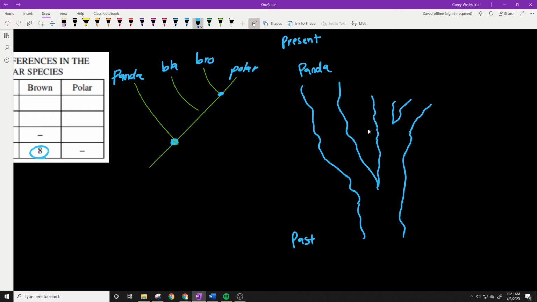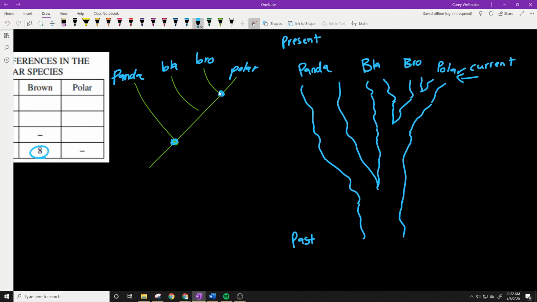And this fragmentation would eventually lead to the evolution of the black bear lineage. And then finally, in very recent times, let's say this point right here is current day, you had a fragmentation that resulted in the evolution of the brown and the polar lineages.